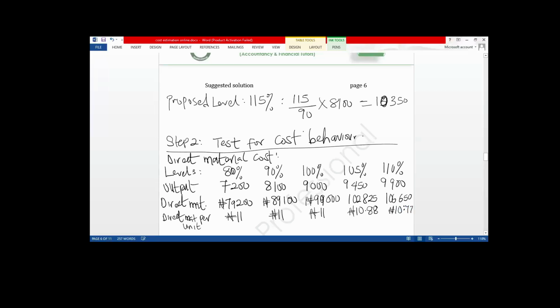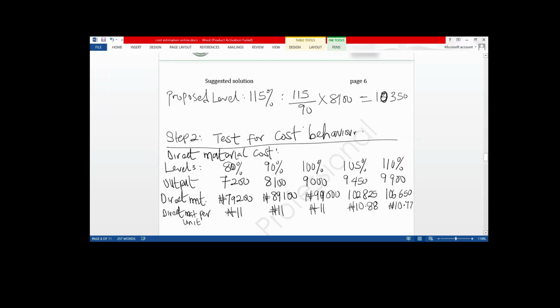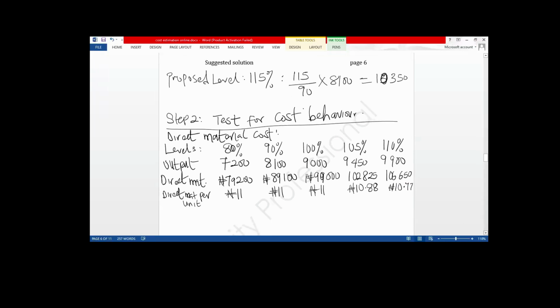All right. If you have to comment on this cost, you observe that if the production is within 100%, material cost per unit is constant. Is that not? Yes, sir. But if production exceeds 100%, what happens to material cost per unit?